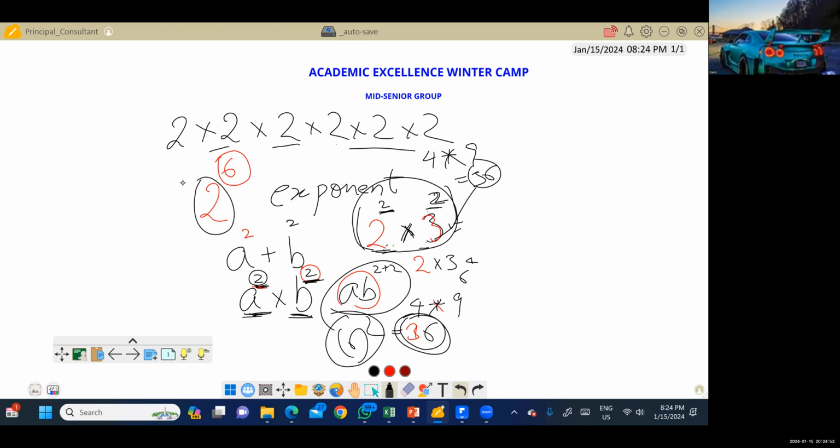Has anyone got the answer? Yes, tell me. Hold on, let Anirudh answer. Sir, 36. I know that 36 I've got. Tell me, as exponents, how am I going to solve?